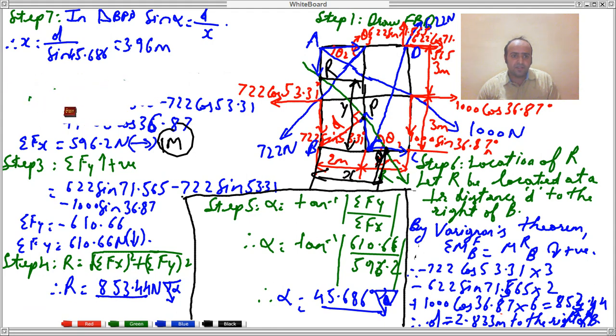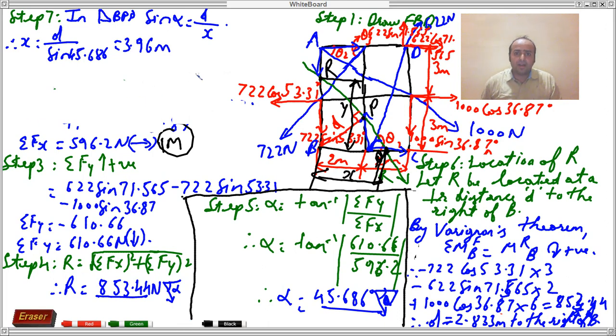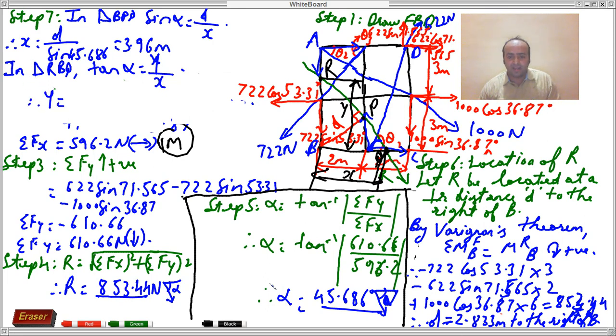Let me erase this and get the value of Y. So now in right angled triangle RBQ, again we will be considering the same angle, but the formula will be tan alpha is opposite, that is Y, divided by adjacent, that is X. Therefore from this, Y is equal to X into tan alpha.